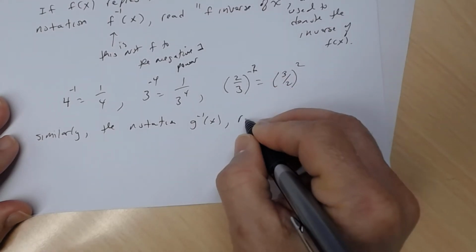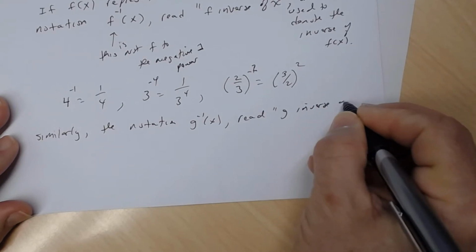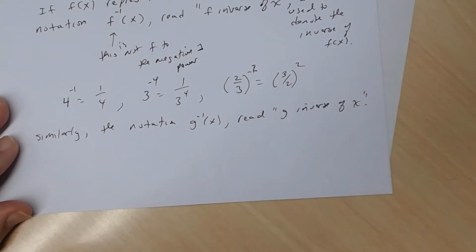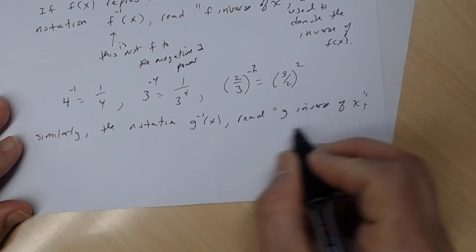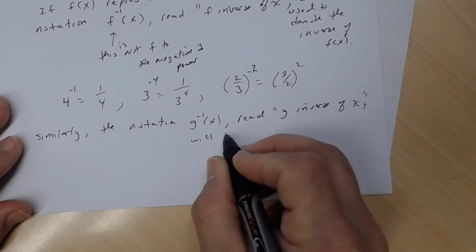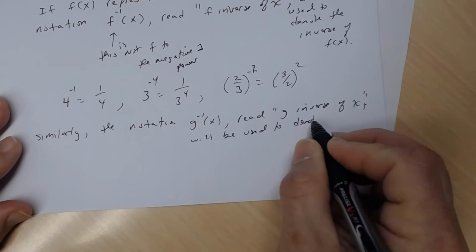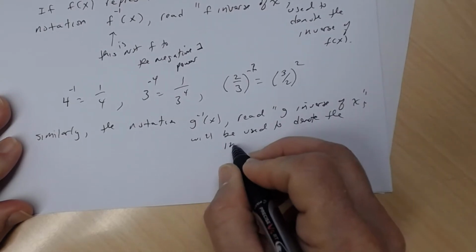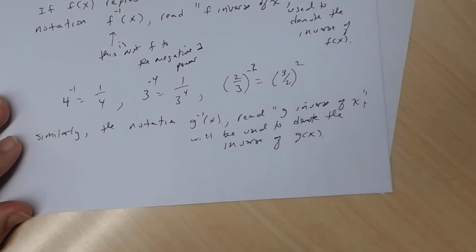It is read g inverse of x, and that's going to be used to denote the inverse of g of x.